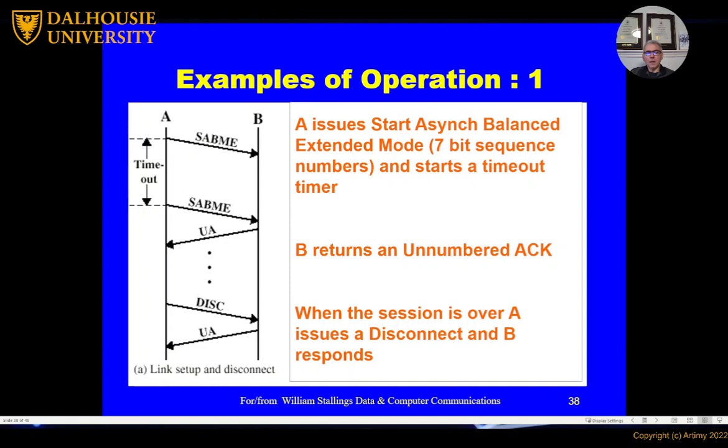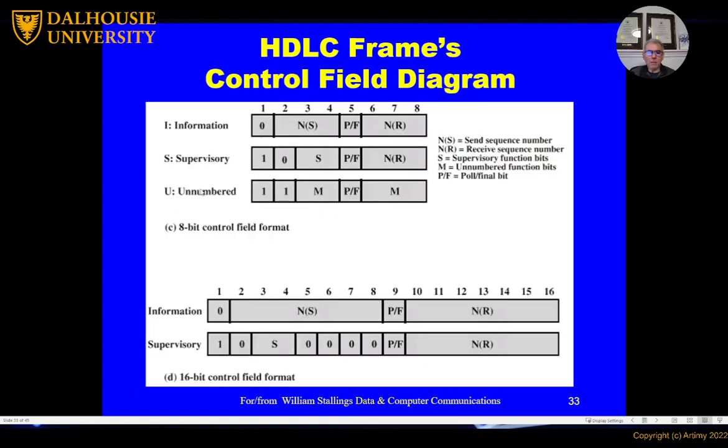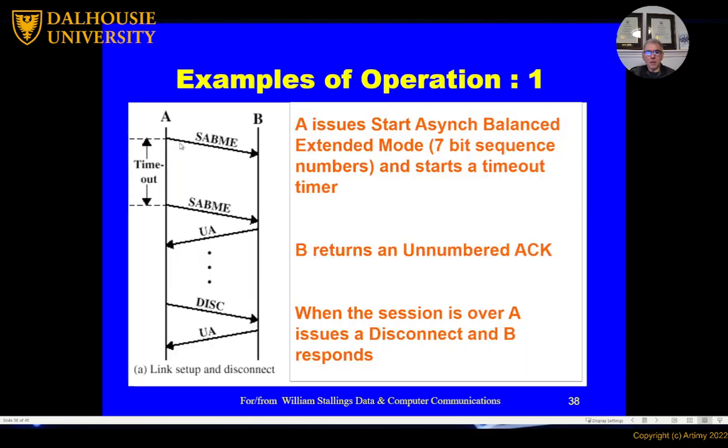So in order for one side to start talking to the other, it has to send a connection request. So here A keeps sending this. Which control fields do we use? For this type of communication, we use the unnumbered control fields.